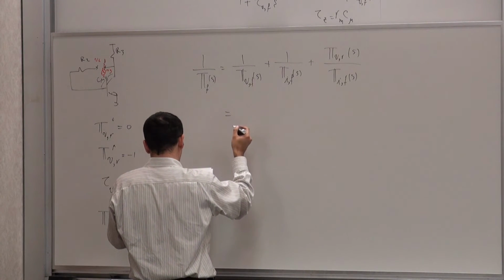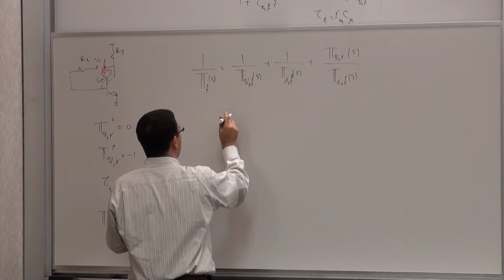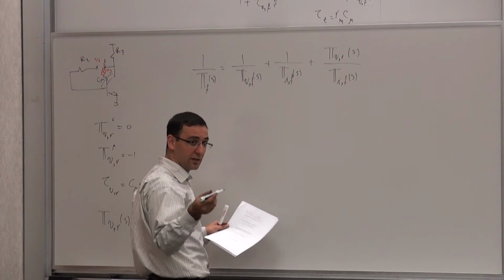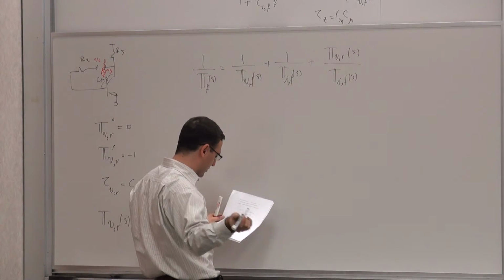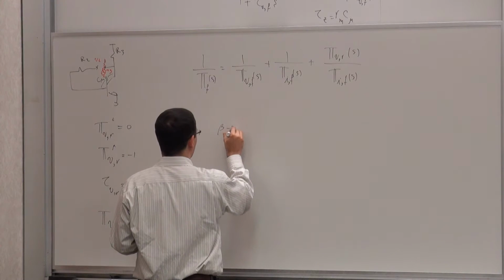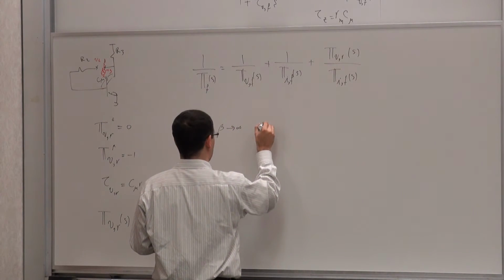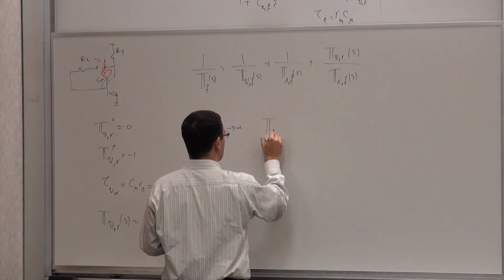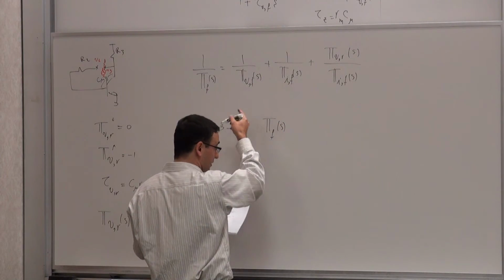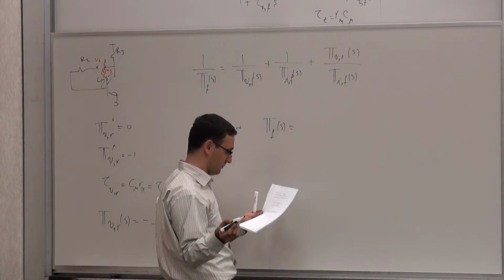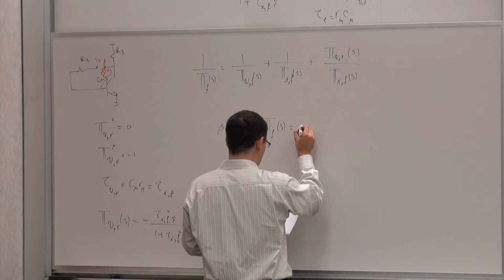I get an expression, and the expression for general beta is there in your handout, so it's a relatively long expression. And for large beta, just to see what it is for large beta, this becomes what it is. The original expression also has one pole and one zero, and so does this one.